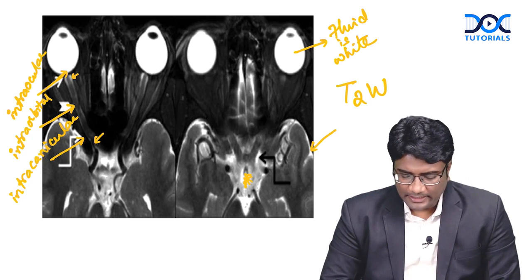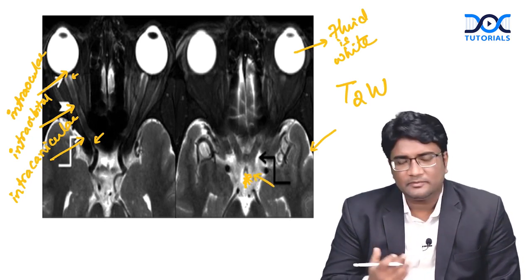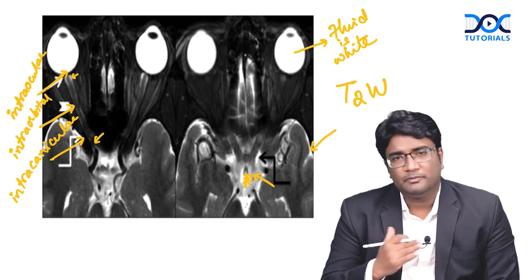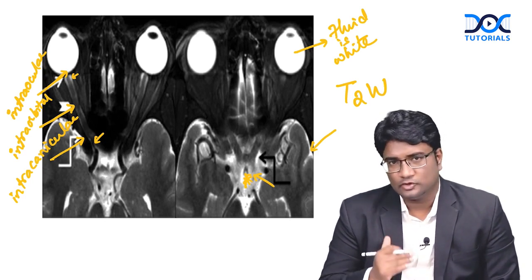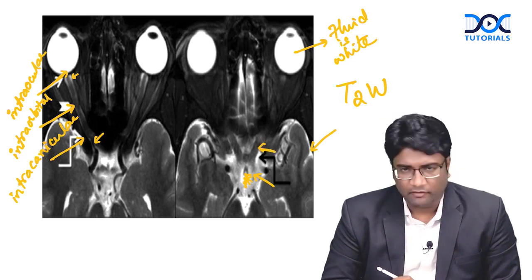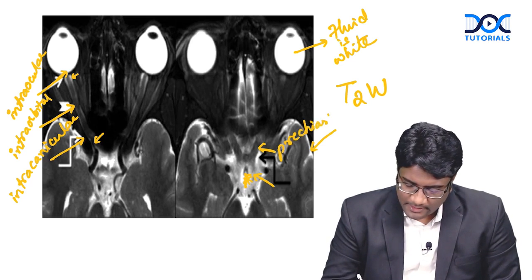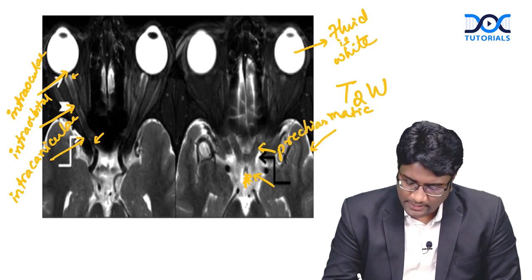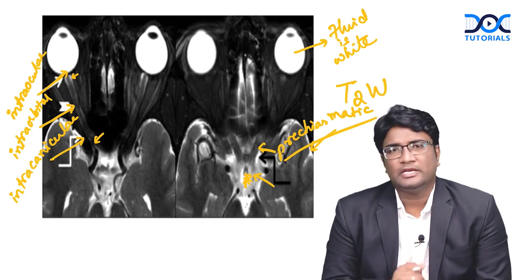And lastly, just near the suprasellar cistern, the CSF space above the pituitary, you can see the CSF signal. And this part, just before it forms the optic chiasma, is the prechiasmatic part. So these are the four segments of the optic nerve on imaging.